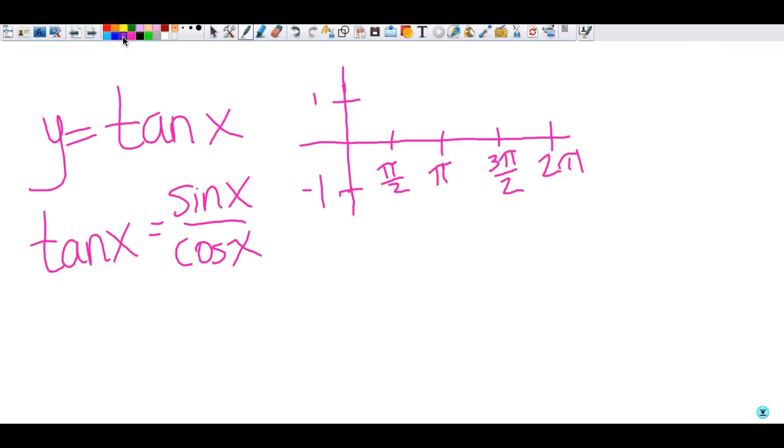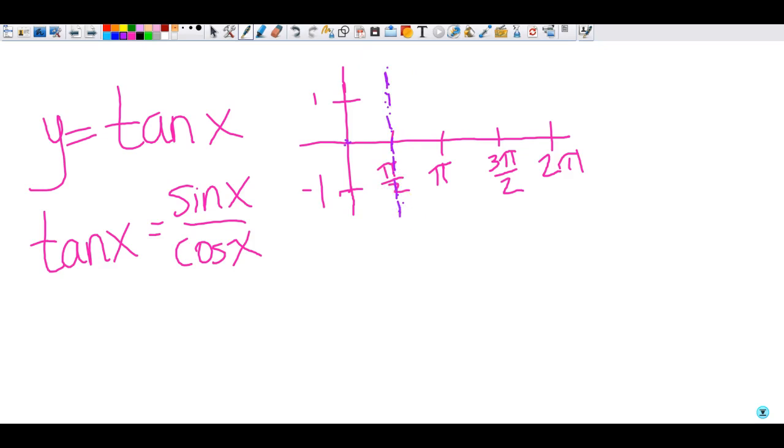So when our angle is 0, our tangent value is sine over cosine. Well, at 0, sine is 0, cosine is 1, which means tangent is 0. Okay, at pi halves, sine is 1, cosine is 0, so that gives us 1 over 0, which is undefined. So this actually is an asymptote.